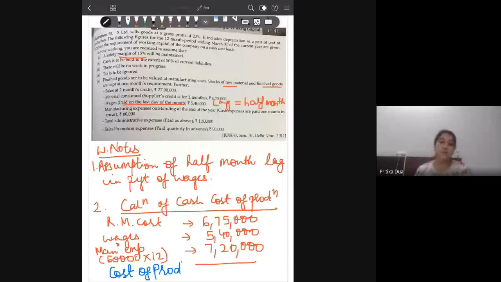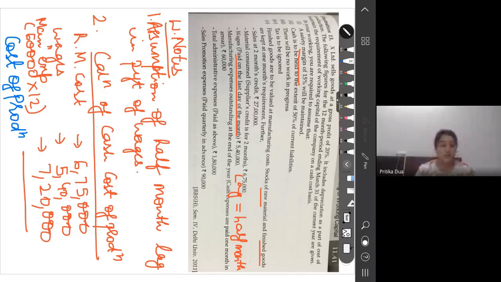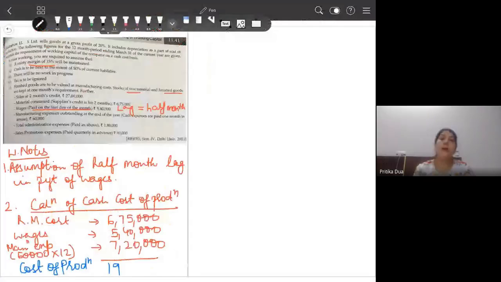So first add up the cost related to production because your finished goods will be valued at the manufacturing cost, at the cost of production. So this comes to 19,35,000. उसके बाद जब आप सेलिंग और डिस्ट्रीब्यूशन एक्सपेंसेस यहाँ पर ऐड करते हो and administrative expenses, then you get the cost of sales. And your debtors are valued at the cost of sales.